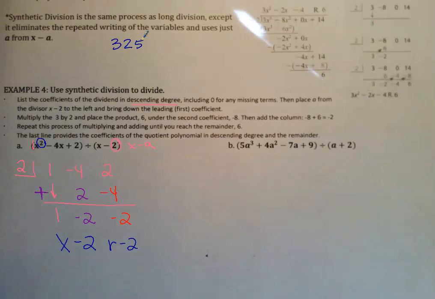Like here, 325 divided by 15. We have 3 digits, 3 values. So we do the division. We say 15 won't go into 3, so we don't put anything there. We lose that place value.